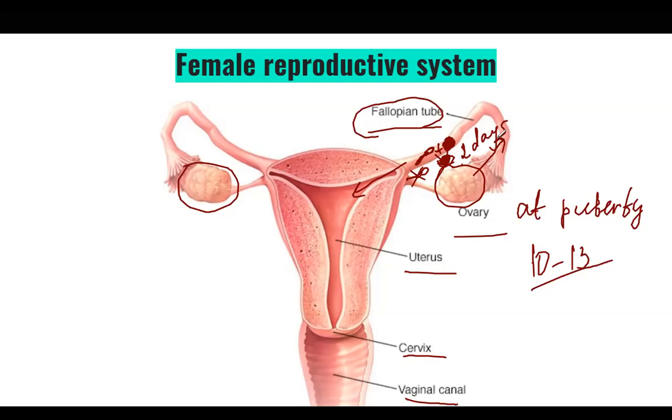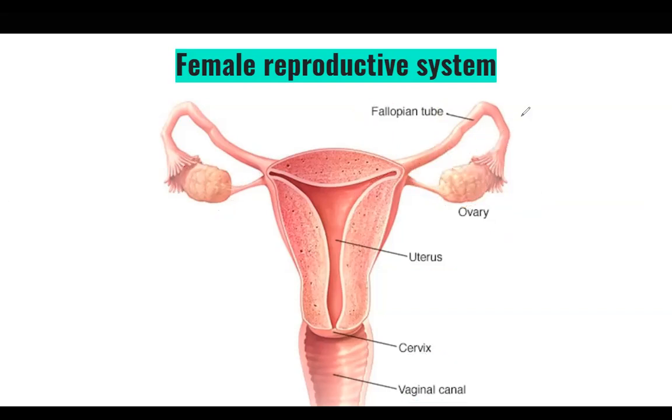The next part of the female reproductive system is the uterus. The uterus is the cavity, the place in which a baby will develop. It is the place where the fetus or embryo develops. The next part is the cervix.